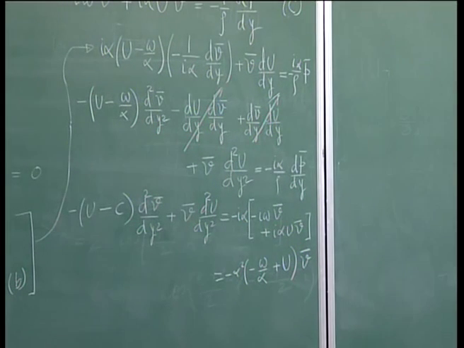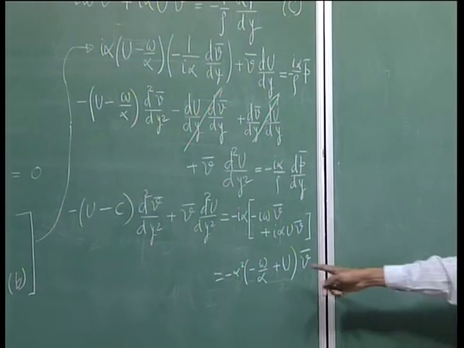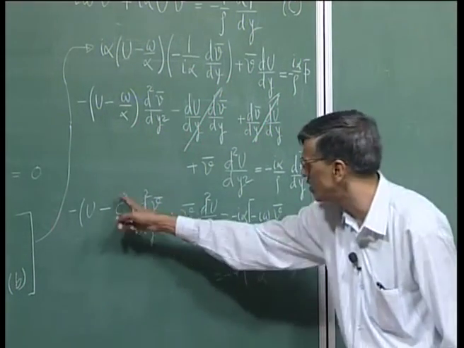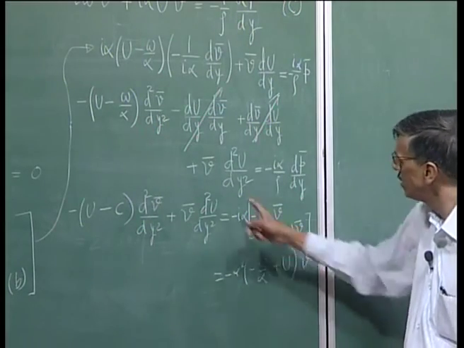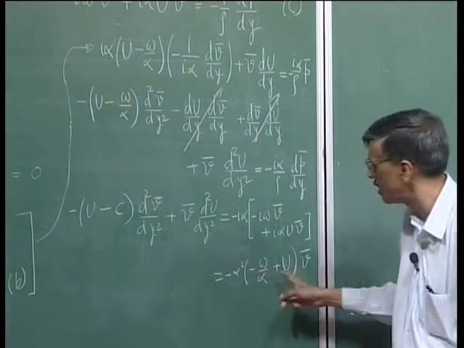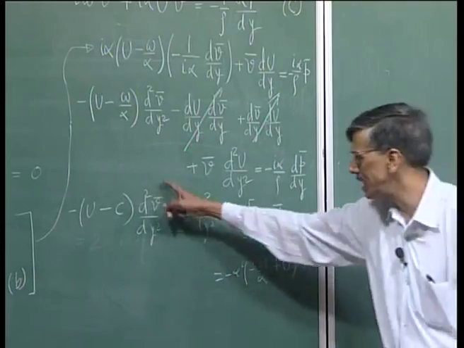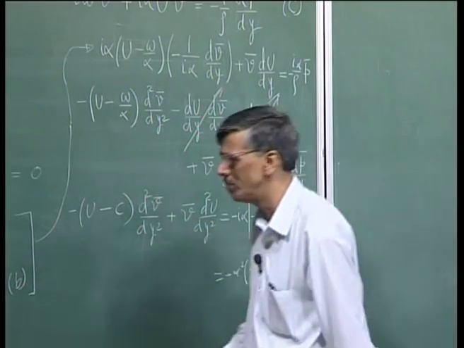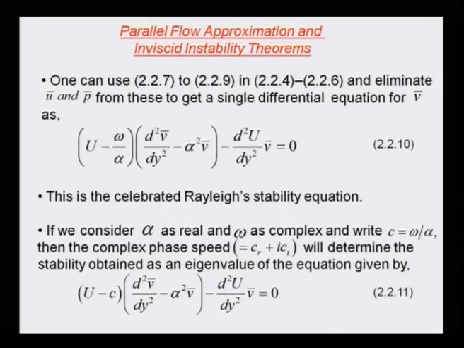All right? So essentially we are getting u minus c. So you can put this inside, and then you will find the quantity u minus c will be multiplied by the second derivative of v bar with respect to y, minus alpha square v bar. That's what you are seeing here. So that's the derivation of the equation.